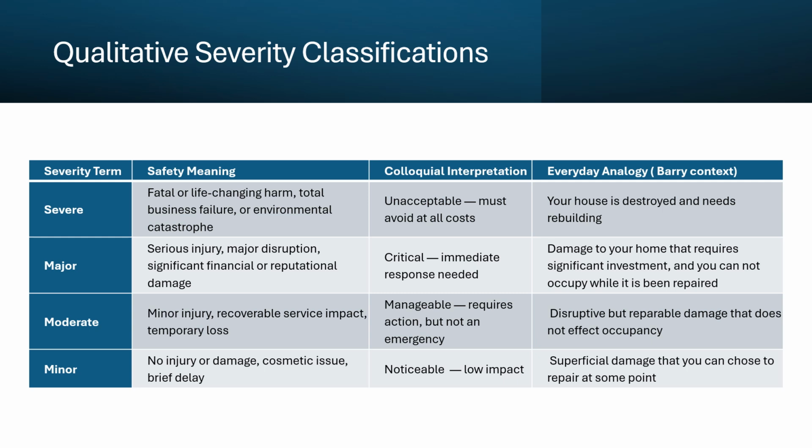Obviously, the consequence of the associated severity will be context dependent and aligned with the loss perceived by the specific stakeholders. In this example, we have 4 severity classifications with a safety meaning, a colloquial meaning, and yes again, a silly, if not pig-related meaning.